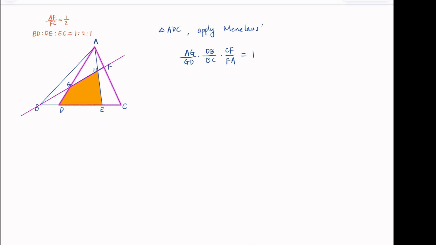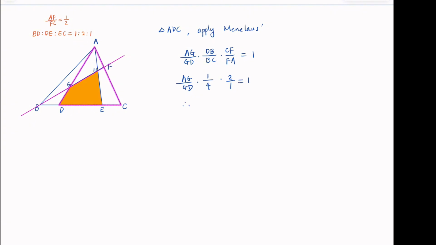We're given the condition here, so we're going to plug in the numbers. The final part, CF over FA, is going to be a 2:1 ratio. AG over GD is something we try to find. And then DB over BC, that's going to be 1/4. So it's going to be 1/4 equal to 1.